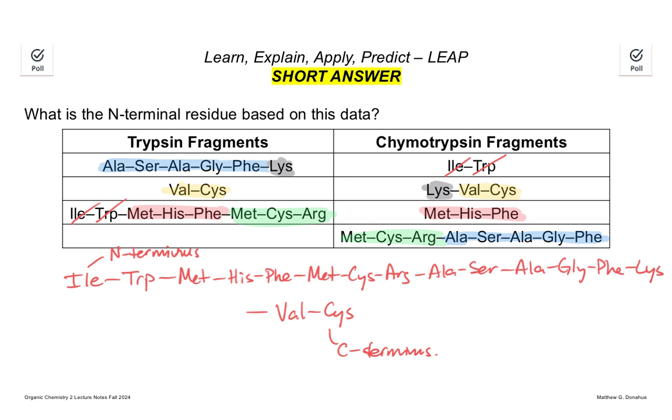So let's see, just go back and count them. So 1, 2, 3, 4, 5, 6, 7, 8, 9, 10, 11, 12, 13, 14, 15, 16 amino acids.